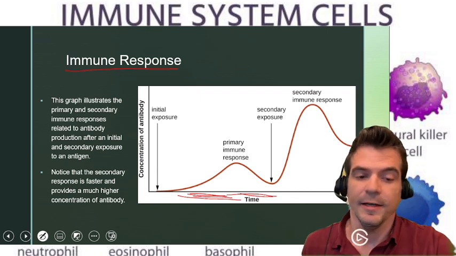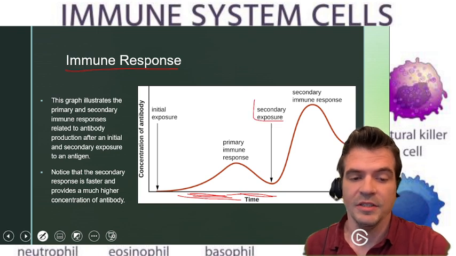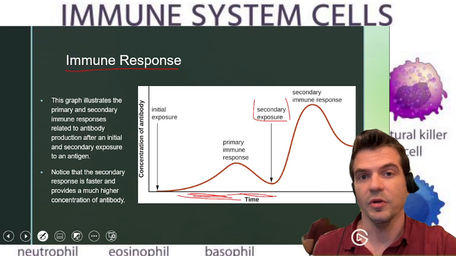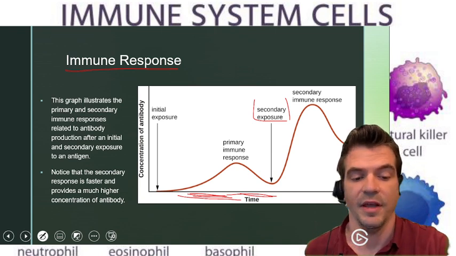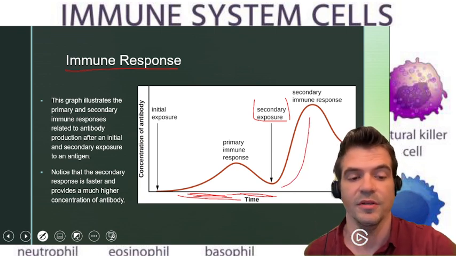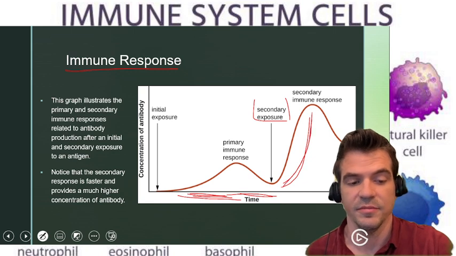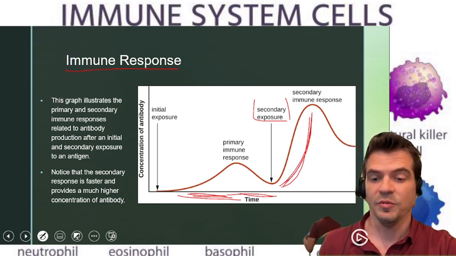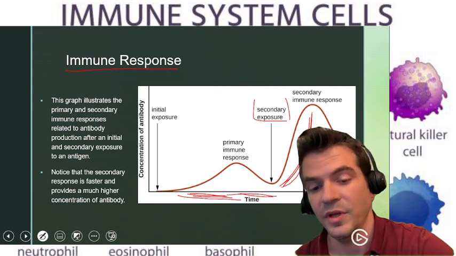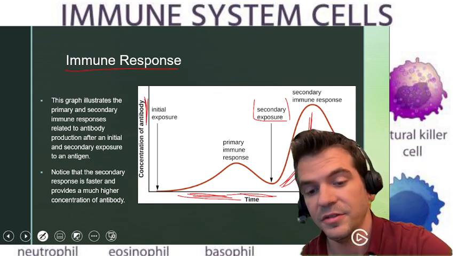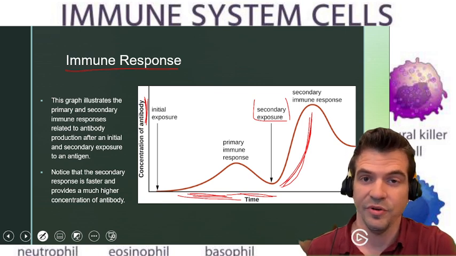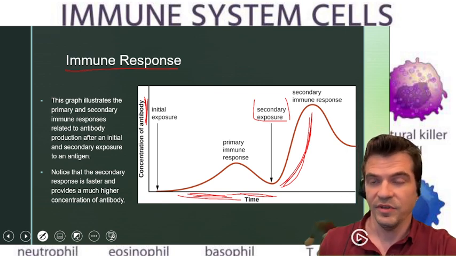Okay? But then again, when you see this same pathogen again, your next immune response is going to be greater. You're going to have a way more abundant immune response. And how do we grade an immune response? We grade it with the detection of antibodies, which we said were the quintessential adaptive immunity trait from the previous slide, right?